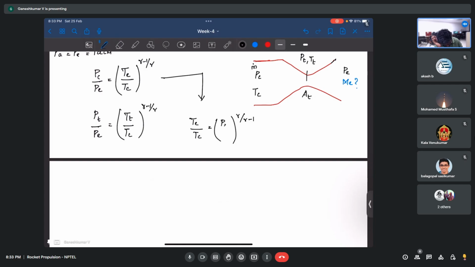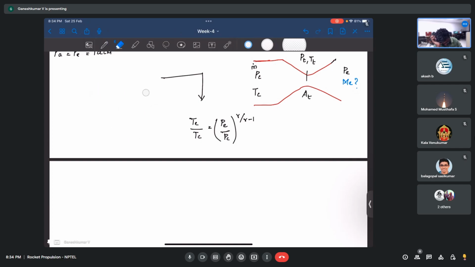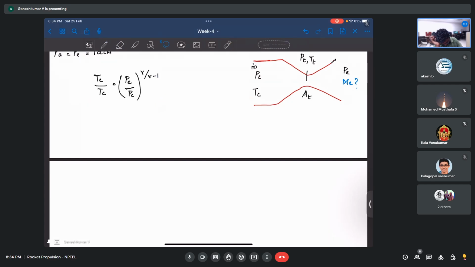Basically, if you have an inverse relation, then gamma minus 1 should be here.